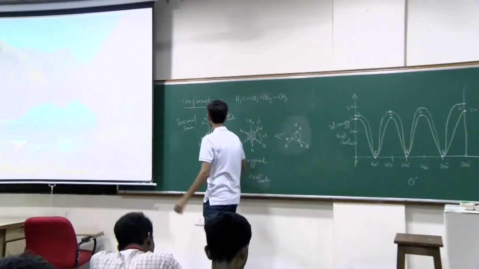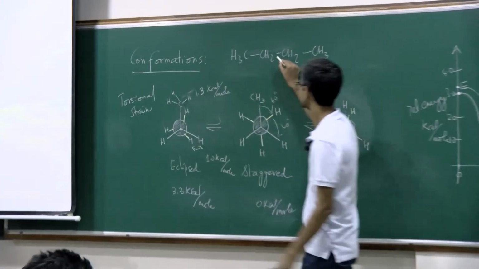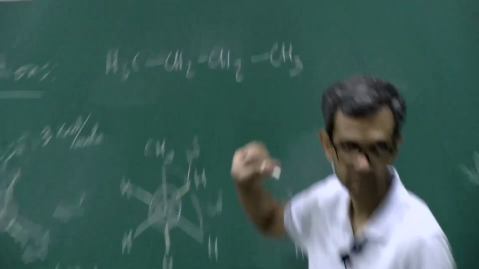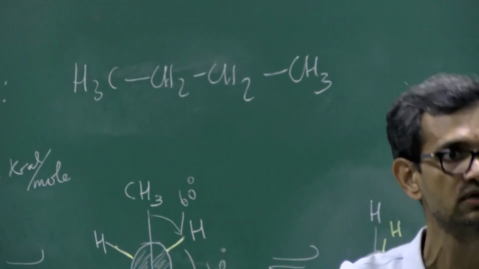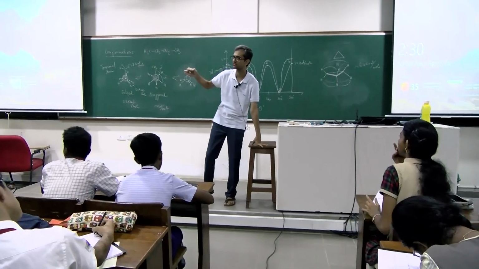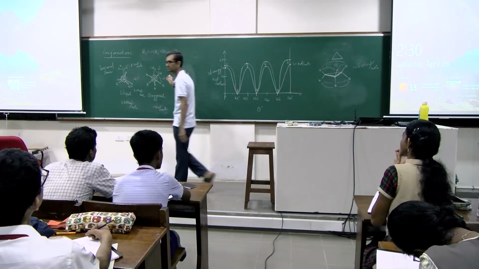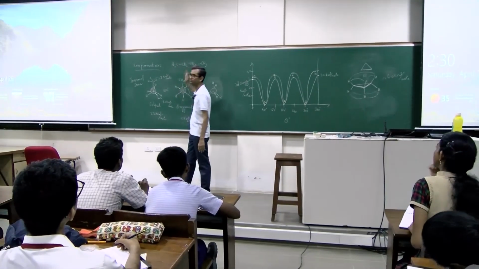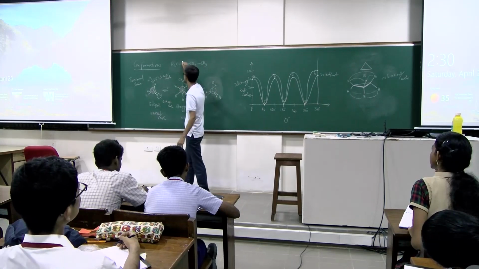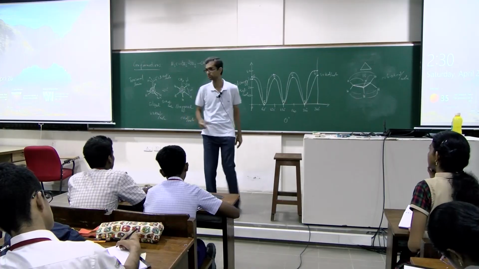So if you have 2 methyls, we can rotate around the central carbon. Second and third carbon: first, second and third, second and third we pay attention to. Look at the second and third carbon because its structure is drawn, so you can analogously do that.